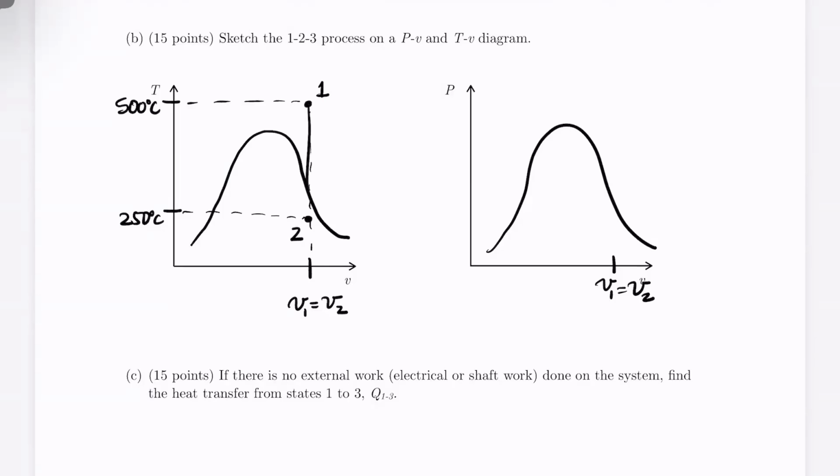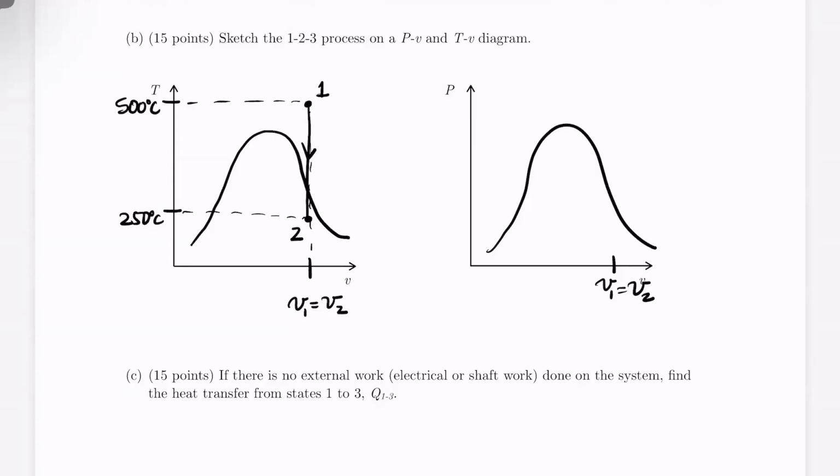And then I connect them with a straight line. So on this chart, you don't need to draw it perfectly to scale relative to the vapor dome, but I want to see that they have the same specific volume from 1 to 2. So it's just a straight vertical line. I've marked V1 and V2 and then the 2 temperatures on the axes. And I have that state 1 is in the superheated vapor region, state 2 is in the mixture region.